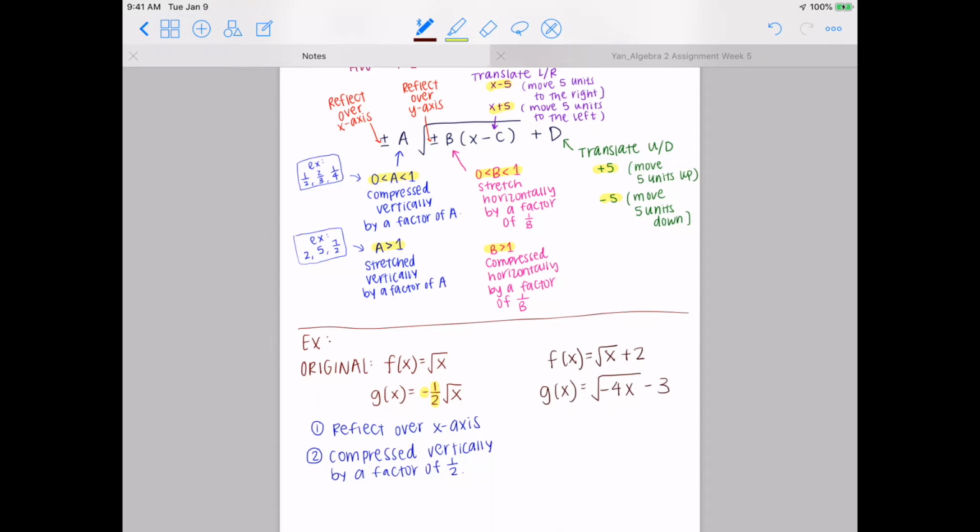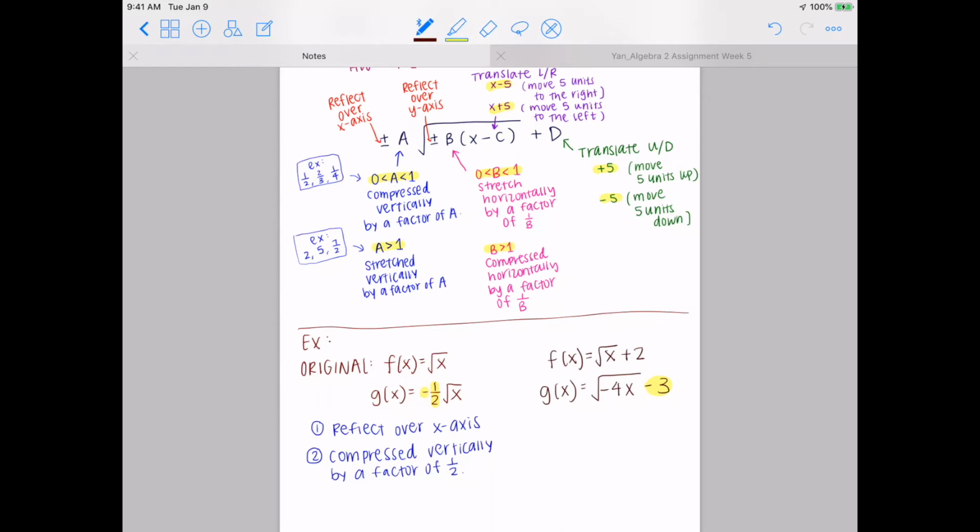This looks pretty different. How many types of transformation do you see here? The last number went from 2 to negative 3, so definitely that's a transformation right there. It originally was up 2, but now we're going down to negative 3.